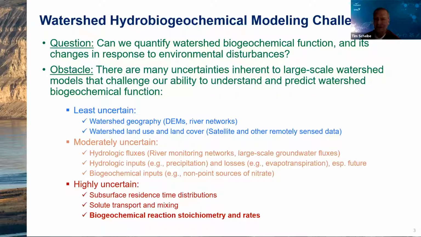Now, as you think about the things we've been talking about over the last couple days, this is really where we focused our attention, on understanding reaction stoichiometry and reaction rates in a way that we can use in models. And if we can seriously address the spatial and temporal heterogeneity and variability of reactions that occur in natural systems across space and time, that would address probably the largest source of uncertainty in our models. And so this is really what we're aimed at.